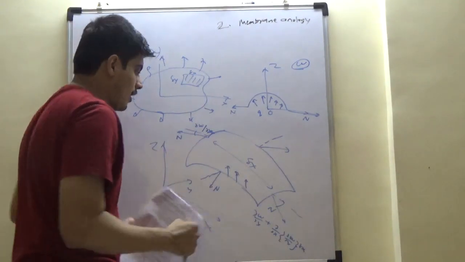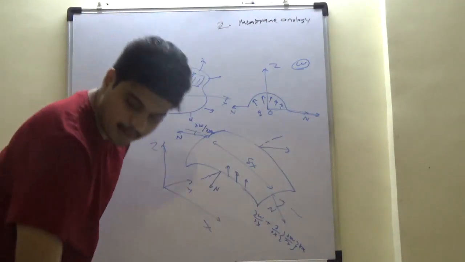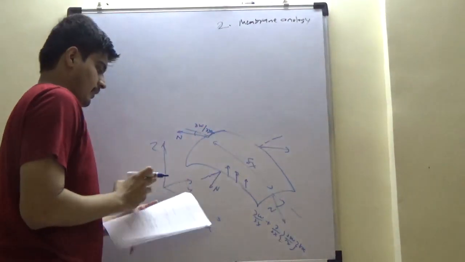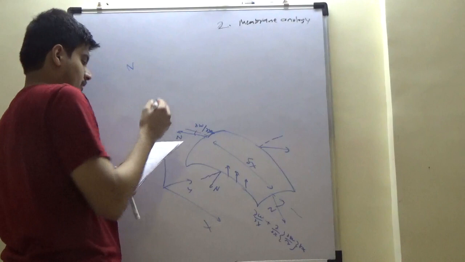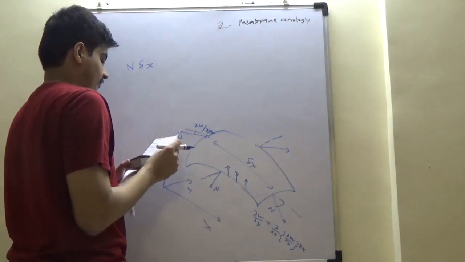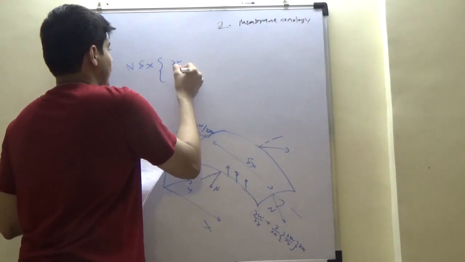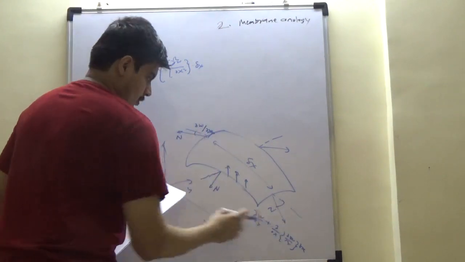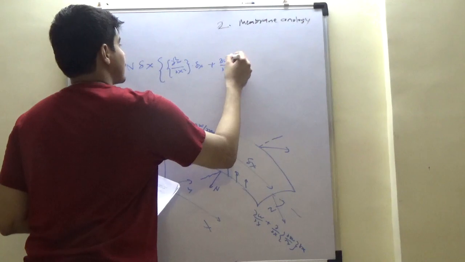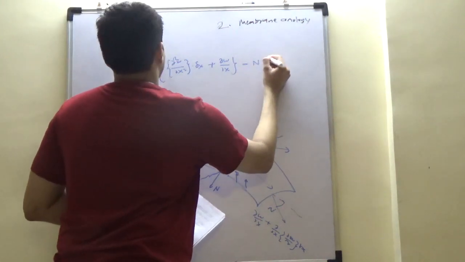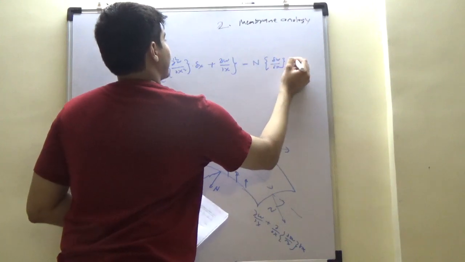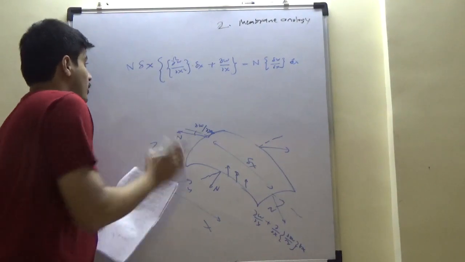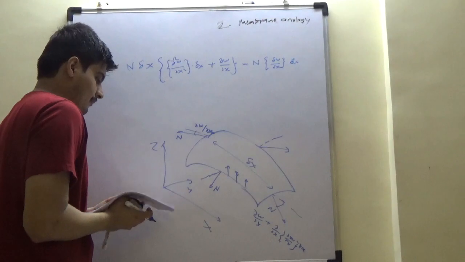Now, in the x-axis direction, if I start writing the equations of equilibrium, what I am going to see is n into del W by del X plus del square W by del X square into delta X, plus del W by del X, minus n into del W by del X, into delta X, because that is the total load condition.